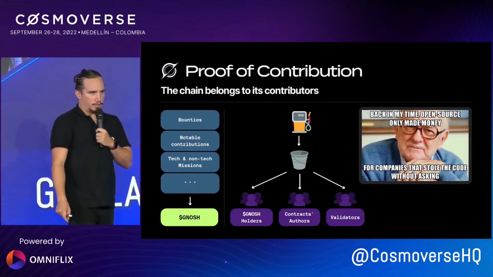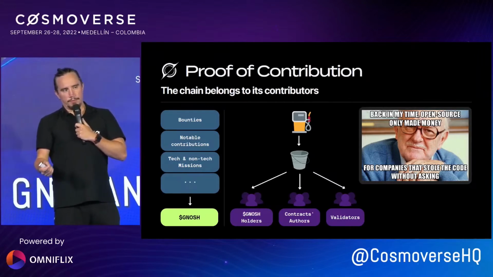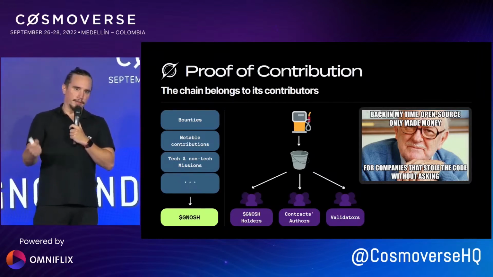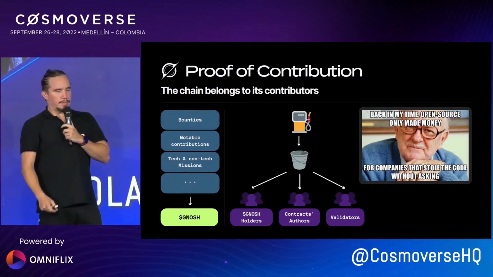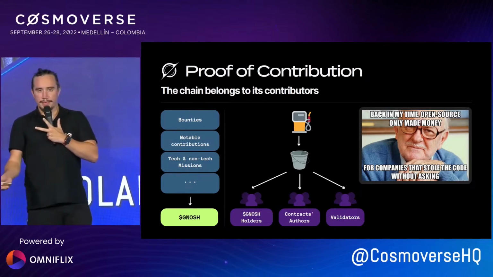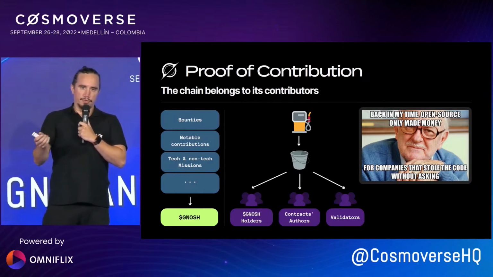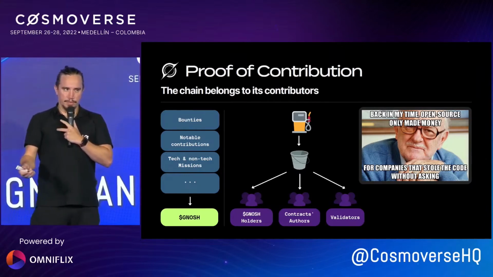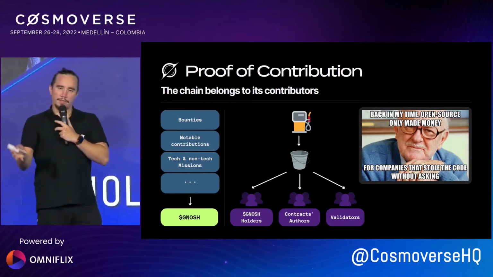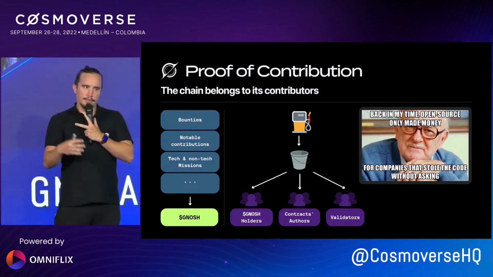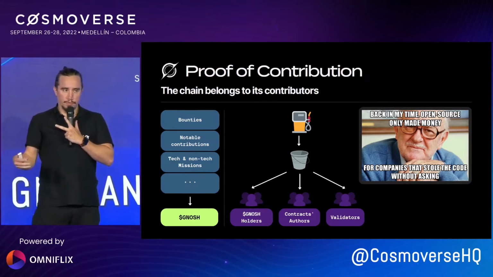So proof of contribution is the way we imagine to secure the chain, the consensus, the transactions, the validations. It's very similar to proof of stake, except that you can't get tokens and stake them. You can only earn GNOSH tokens by making contributions. And at the end, the mechanism is very similar to proof of staking.